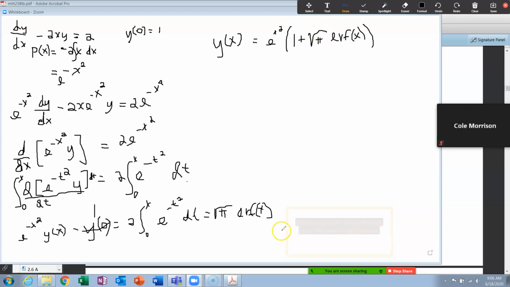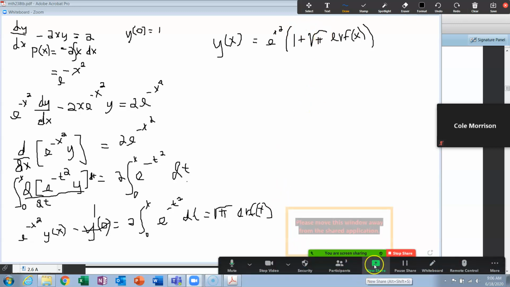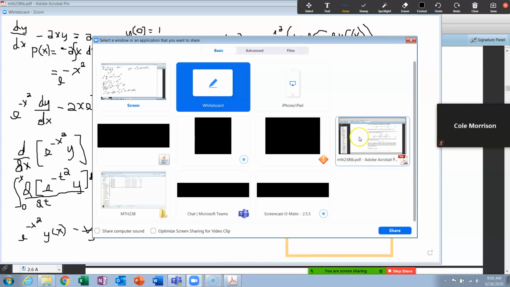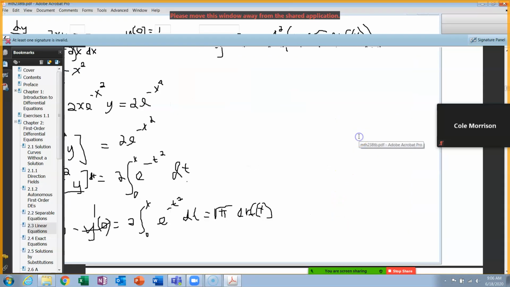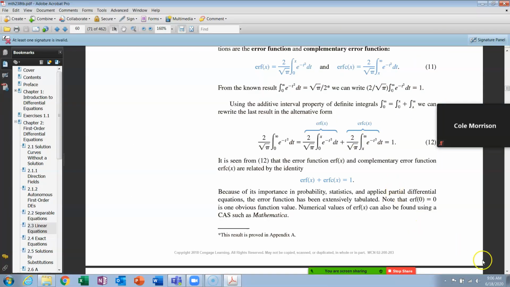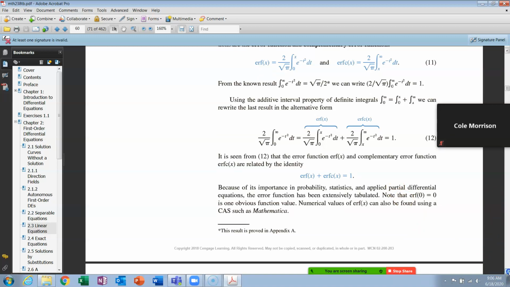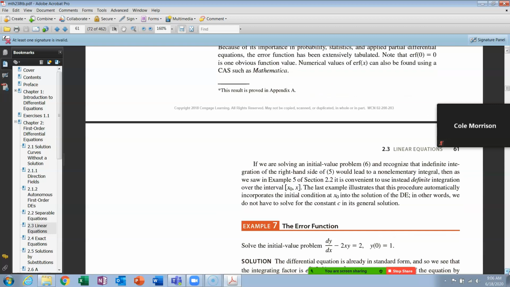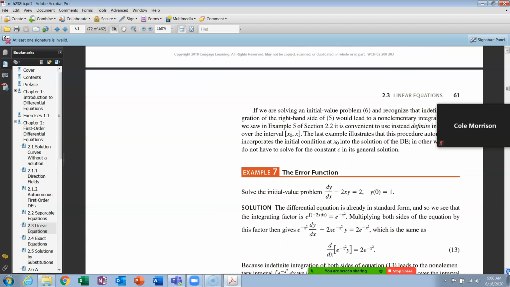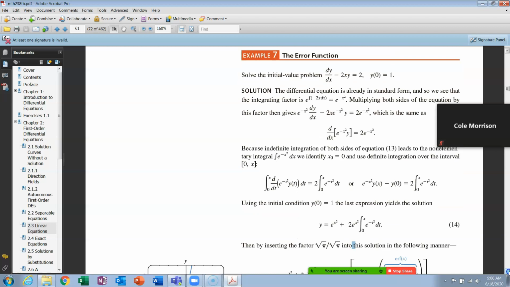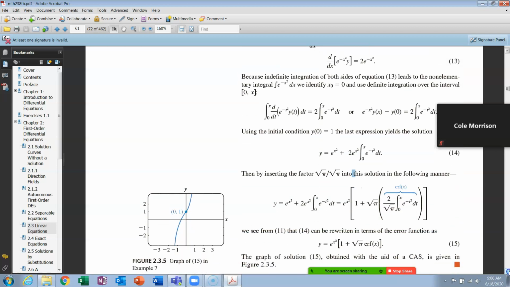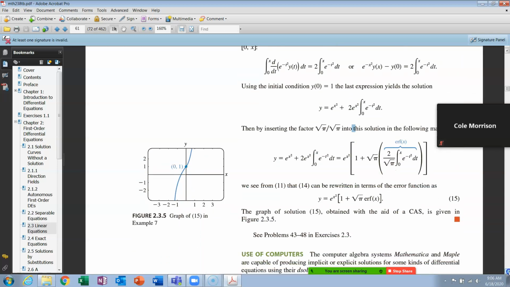We don't have to do that anymore since Billy sent me the PDF version of the book. So let's scoot down and see that again. There's our problem, there's their solution, and there is their answer.